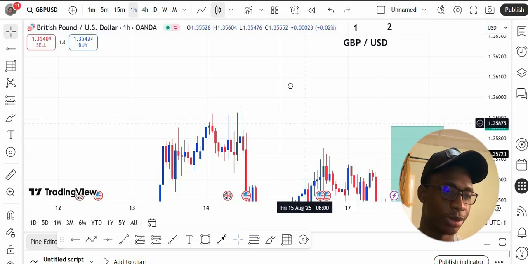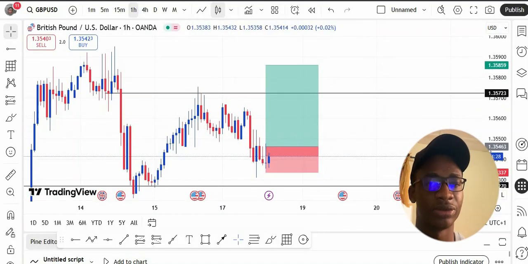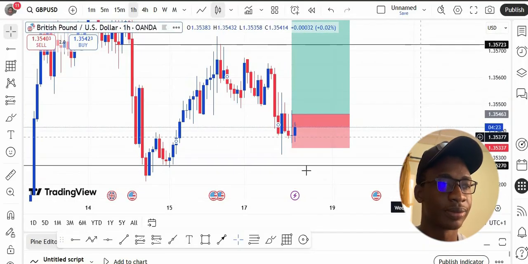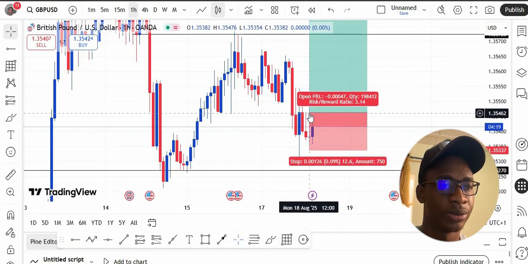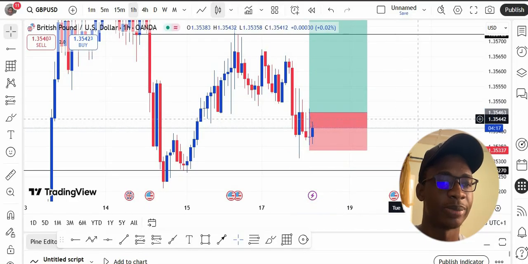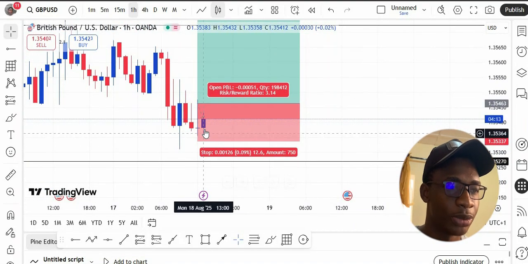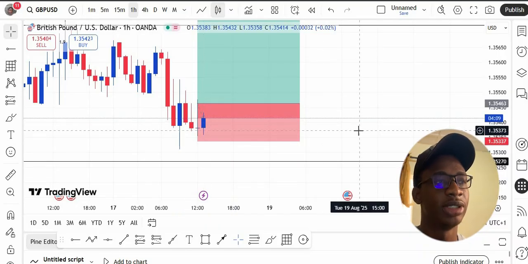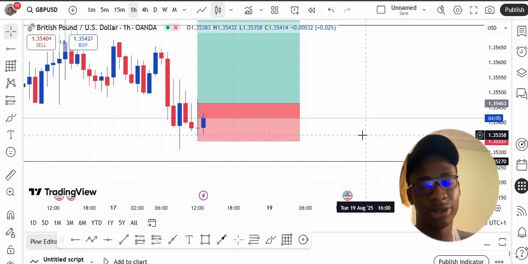Let's take a real-life example. Today is Monday, and I'm shooting this video on Monday. As you can see, I entered off of this zone because I thought the market was going to go up, but the market came down. In real time, what color is this? This color is blue. That means people are buying GBP.